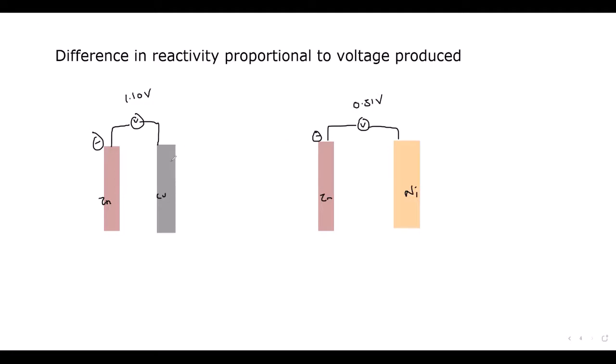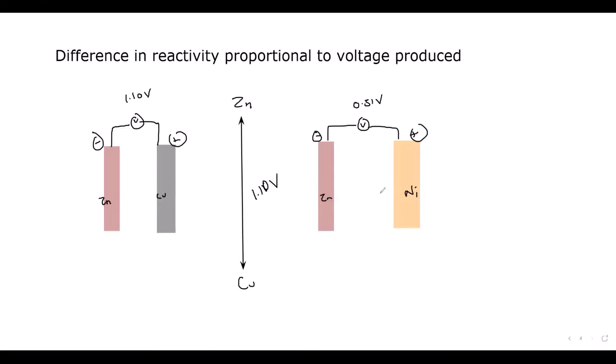First, when we are using zinc and copper, the voltage is 1.1. So it means they have a greater difference in reactivity. And zinc is more reactive because we write the negative sign on the more reactive electrode. So zinc is more reactive and copper is less reactive, and the difference in reactivity is 1.1.